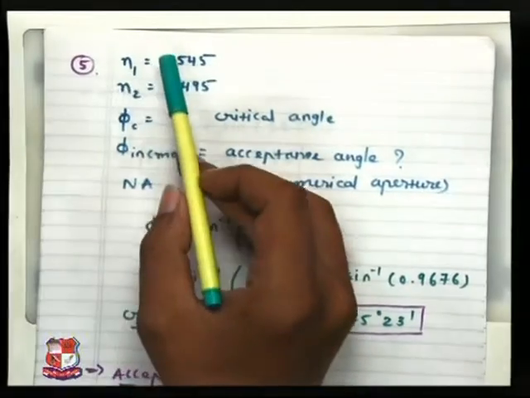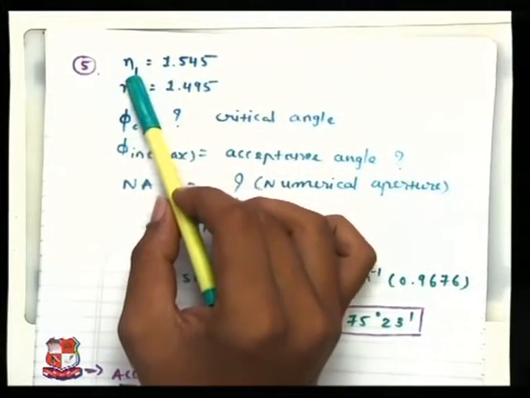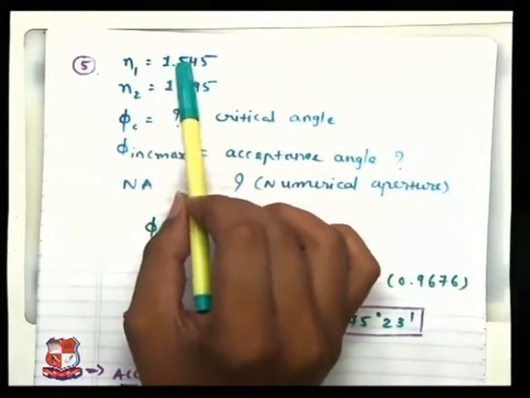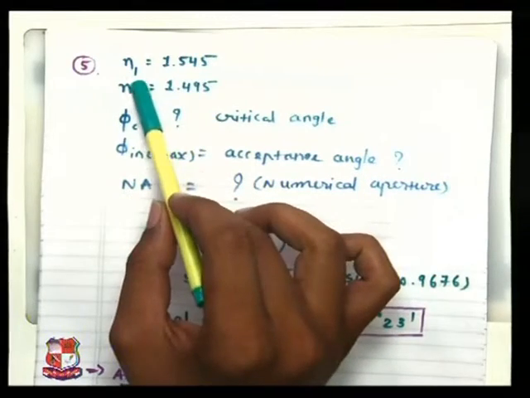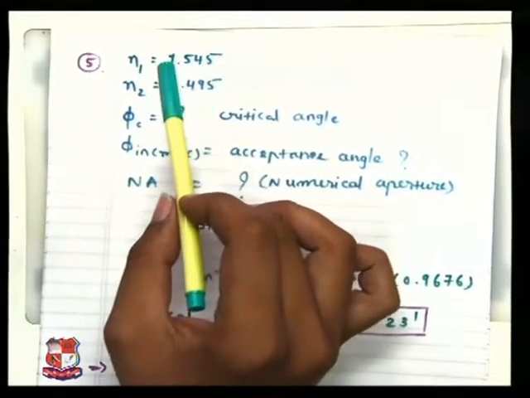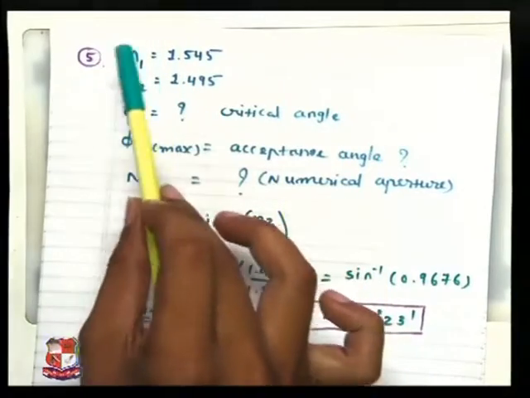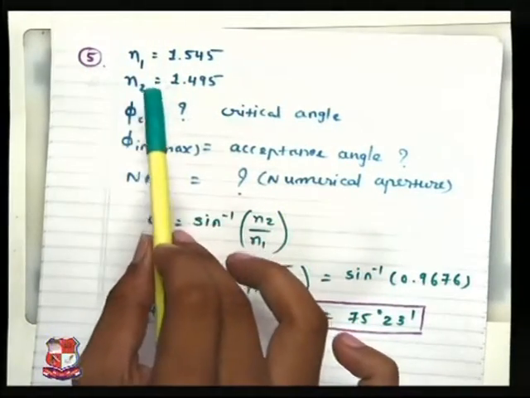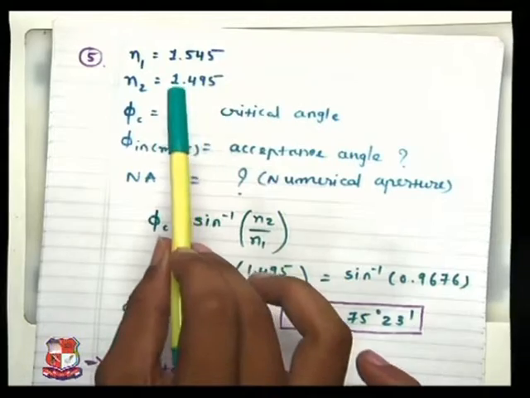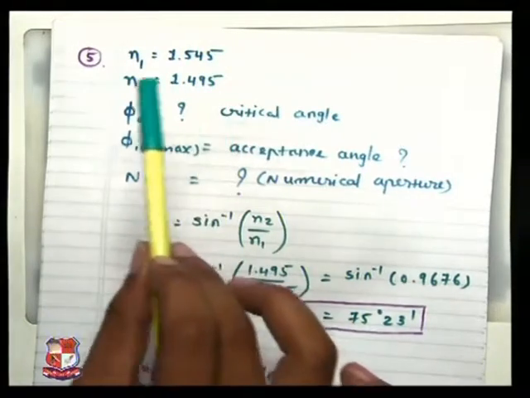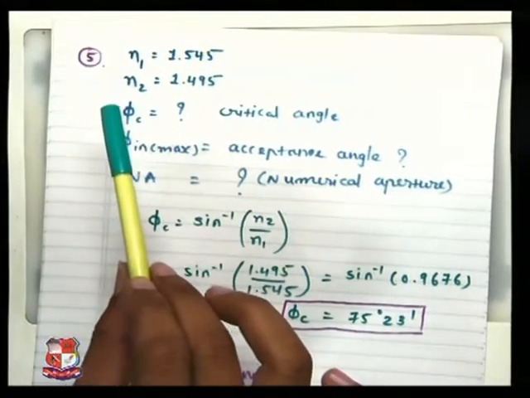Here you can see that eta 1 represents the value of 1.545, the refractive index of core. Eta 2 represents the value of 1.495, that is the refractive index of cladding.